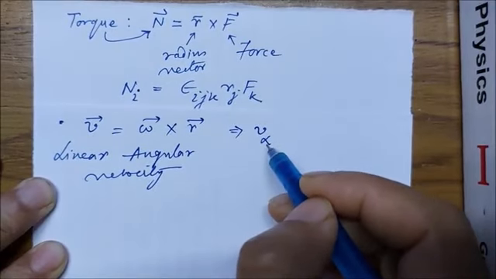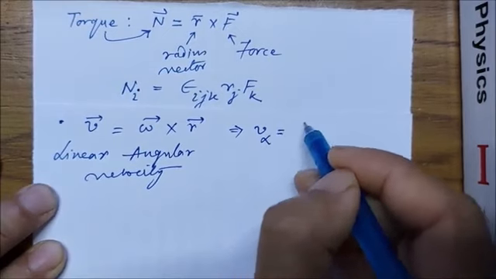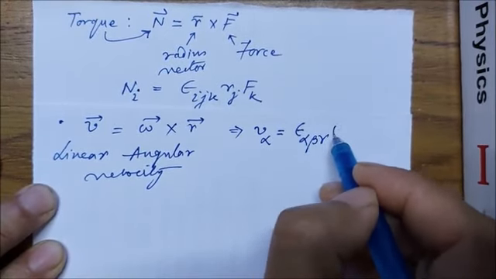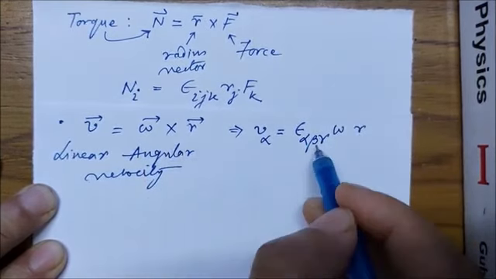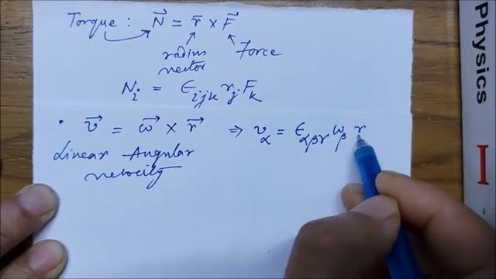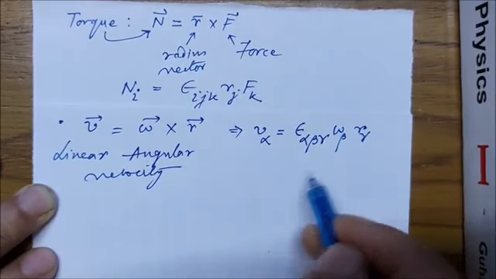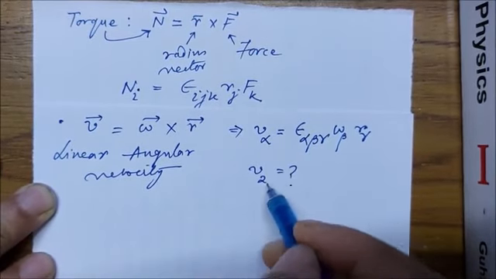Previously we used the dummy index i, now let us use alpha because they do not really matter: alpha, beta, gamma. Now we'll have to write omega, and then we have to write r. So beta here and gamma there. So this is the formula, and let us try to find out V2, that is Vy.